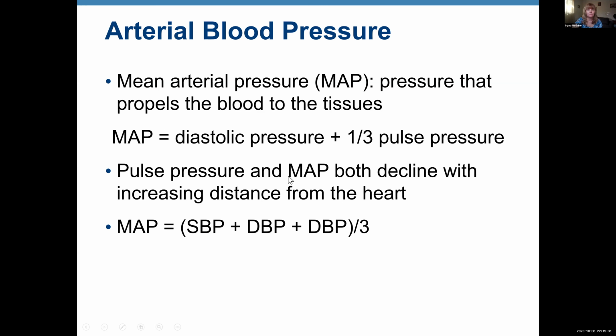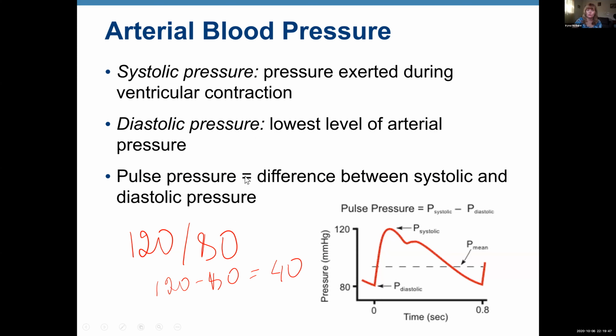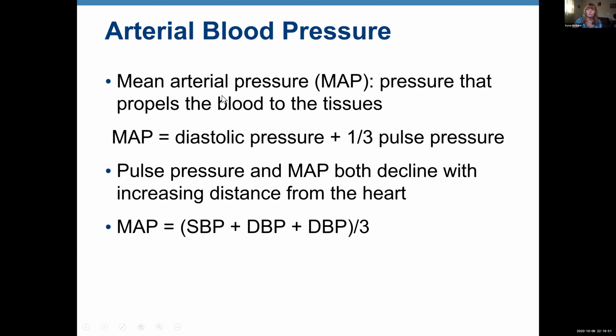Another measurement that we can use in relationship to arterial blood pressure is MAP. MAP is mean arterial pressure, and this is the pressure that propels the blood to the tissues.